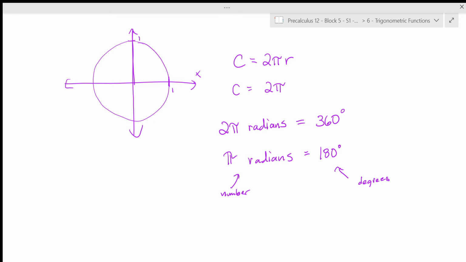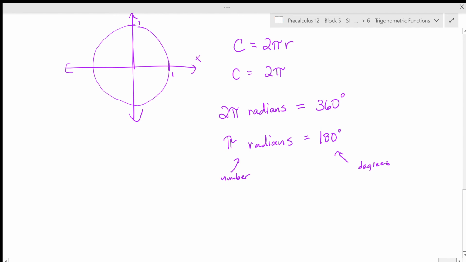Okay, so let's think about how our angles that we work with a lot might break down in radians, and how do we go from one to the other? Well, if we know pi radians is equal to 180 degrees, we know our conversion factor is to multiply by one of these over the other.